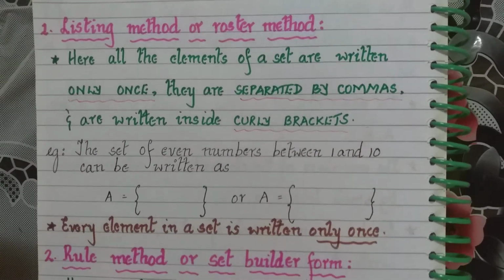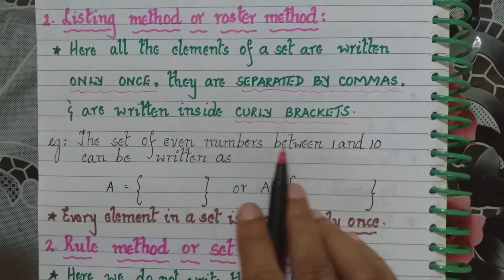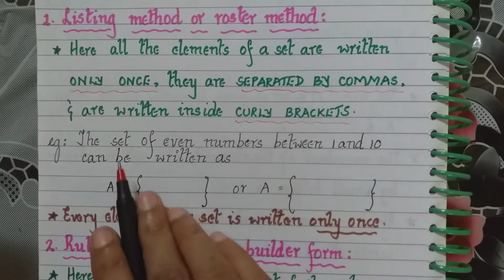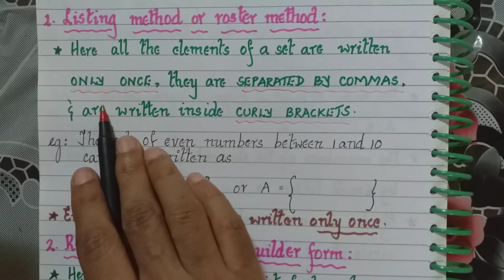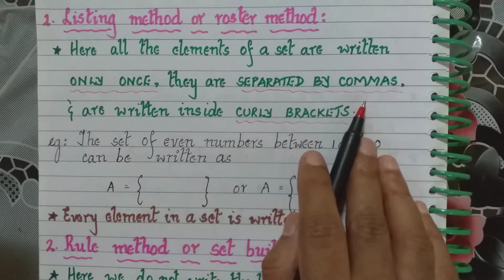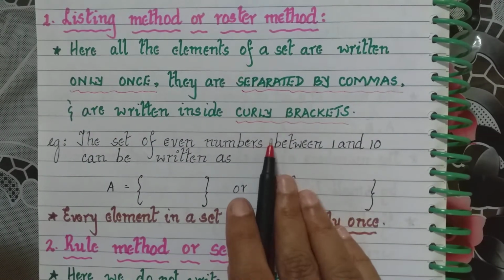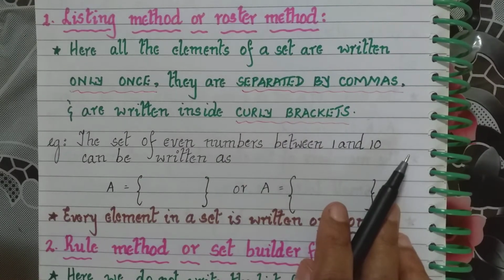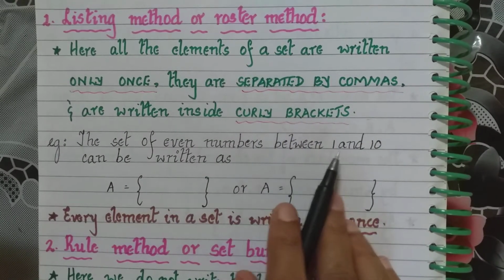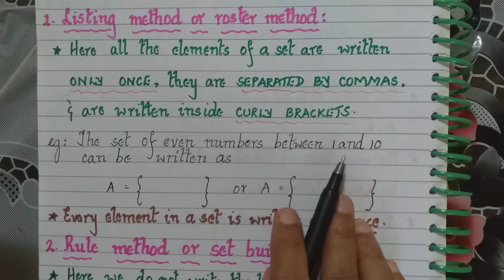Now the example given here is the set of even numbers between 1 and 10 can be written as, what are we to do? We have to write them only once. We have to separate them by commas and write it in curly brackets. So even numbers between 1 and 10. After 1, the first even number is 2.